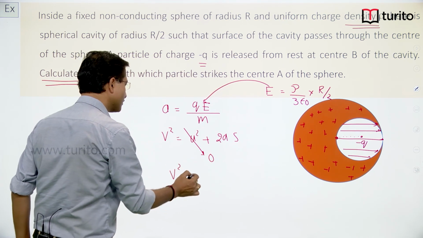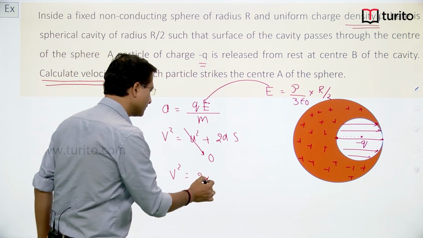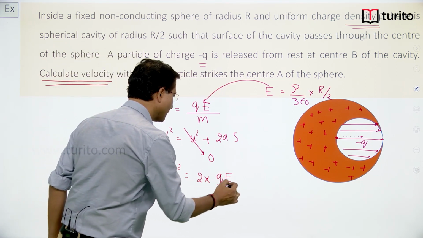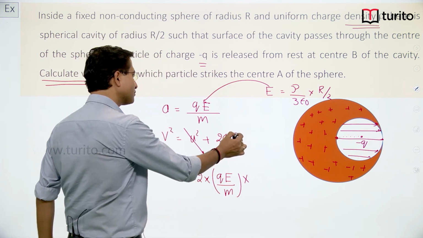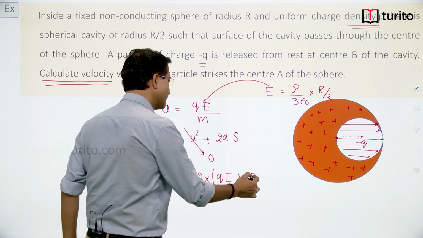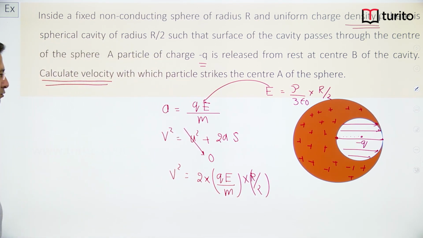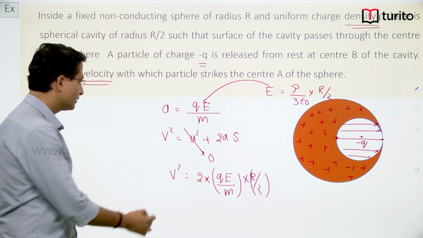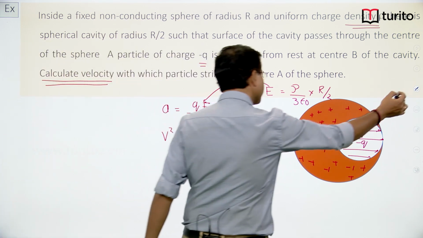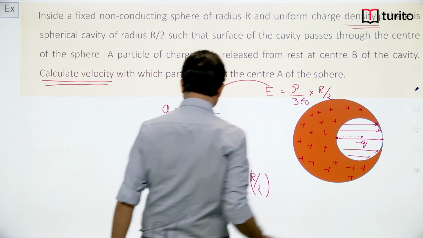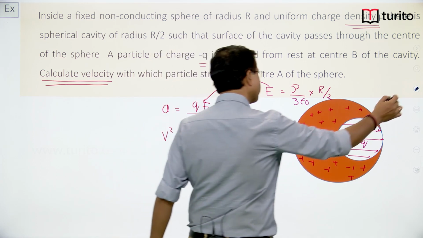So v square is equal to 2 into a, which is QE by m, into the displacement r by 2. So simplify this, the square will go on the other side and then you will get the velocity.